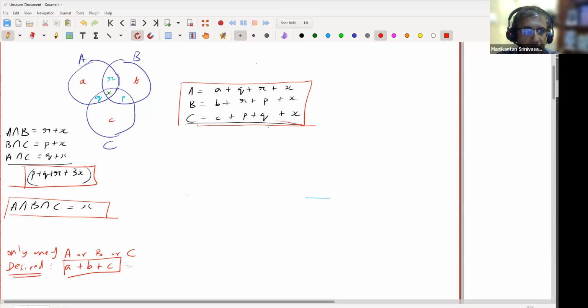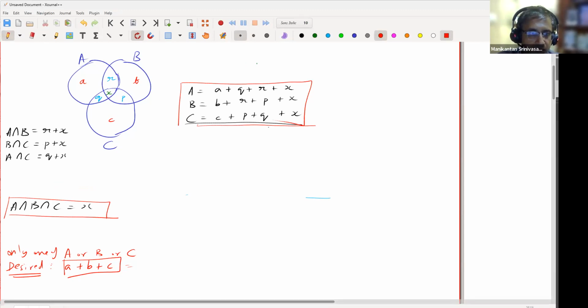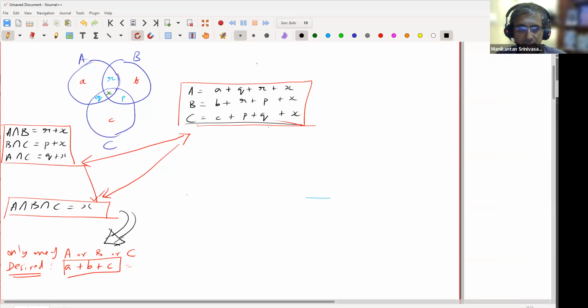So you have 7 quantities: the individual ones, the pairwise ones, and the triplet. So you have to mix and match all of these, and then finally do some manipulation and arrive here. I've laid it out nicely for you guys. Now it's up to you.